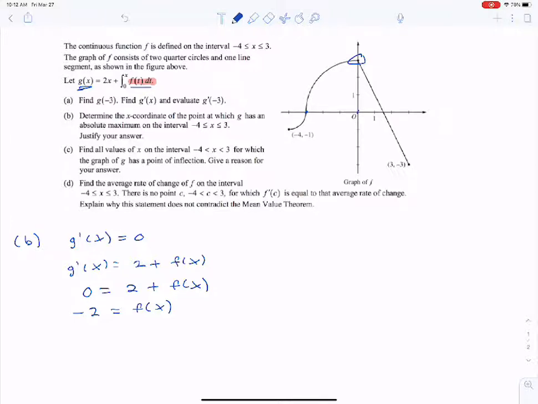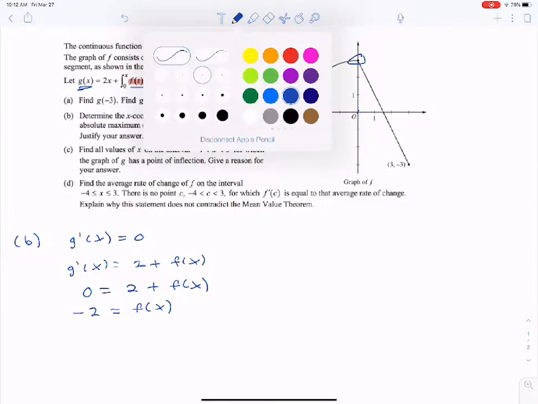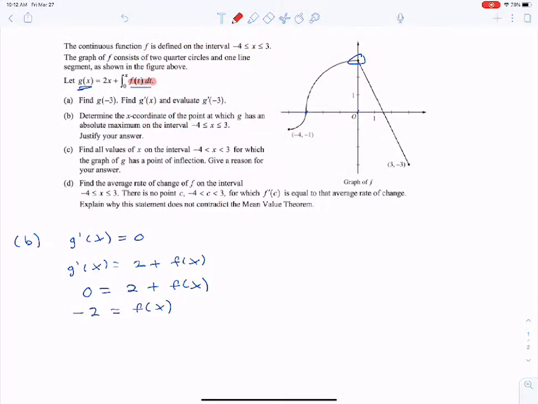Okay, so normally we'd be looking at... so yes, are they similar? Absolutely, they are similar. But in terms of our solve, that's what our solve is going to give us. So in other words, if I were to draw a horizontal line at -2, wherever the graph of f crosses that line, that's my critical number.